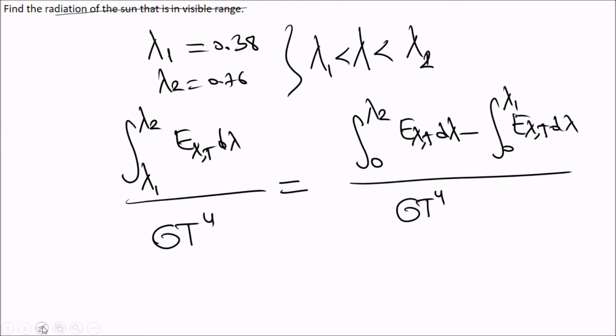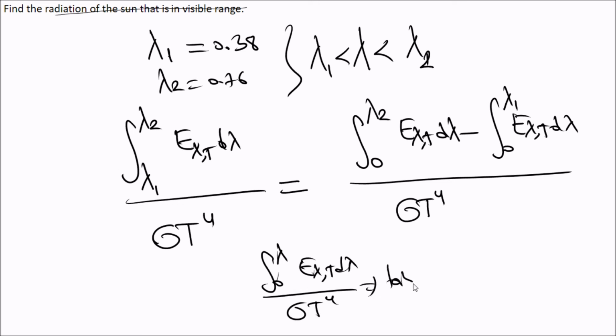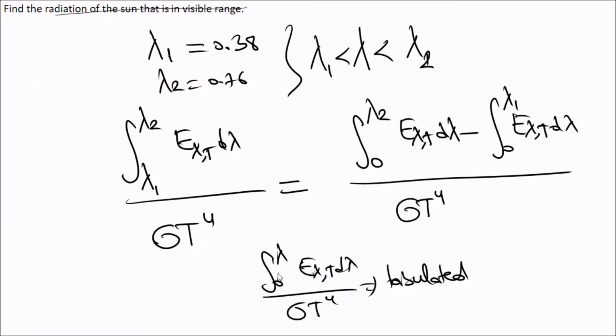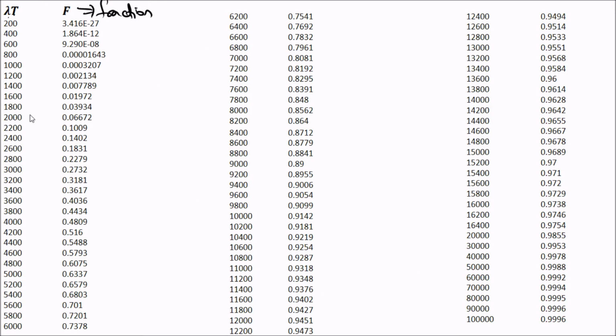The integral from 0 to any lambda of E lambda T d lambda divided by sigma T to the power of 4 is tabulated. It is given in tables, but with respect to lambda times T. Here you should start from 0, because it is from 0 to lambda, divided by sigma T to the power of 4.